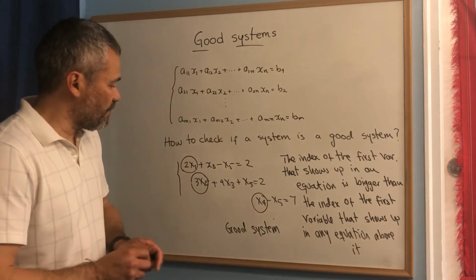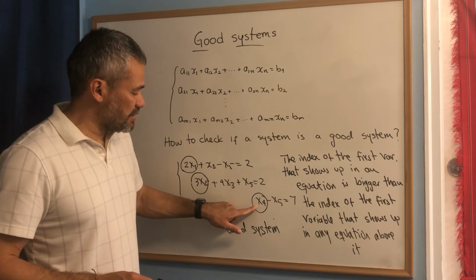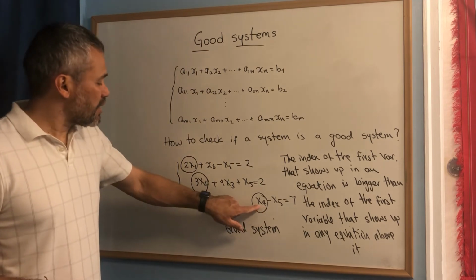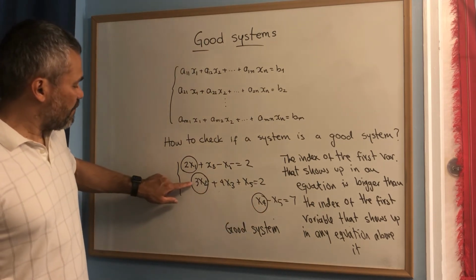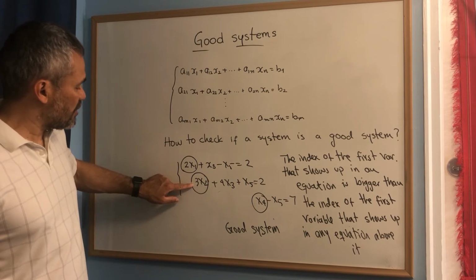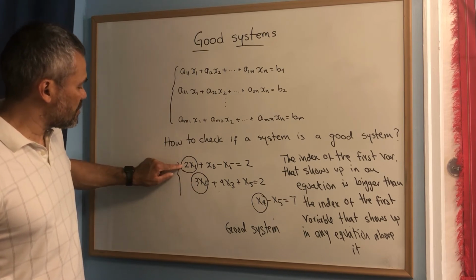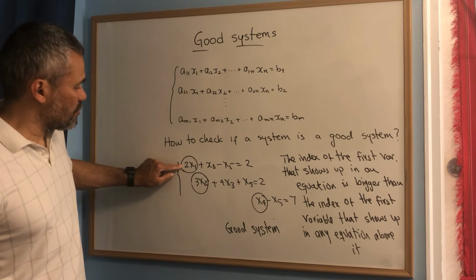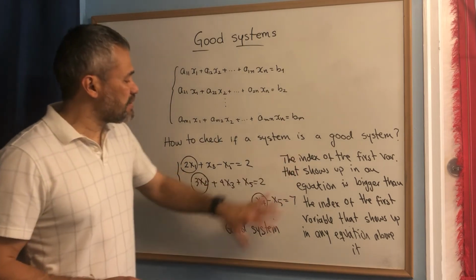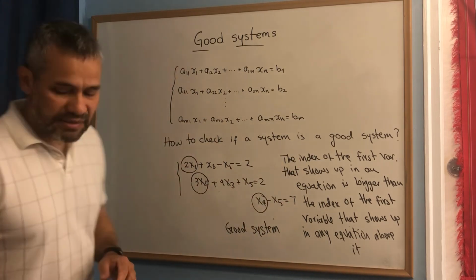For example, here the first variable that shows up is x4. This index 4 is bigger than the index of the first variable that shows up here and the index that shows up in this equation too, right? Then this is the condition to have a good system.